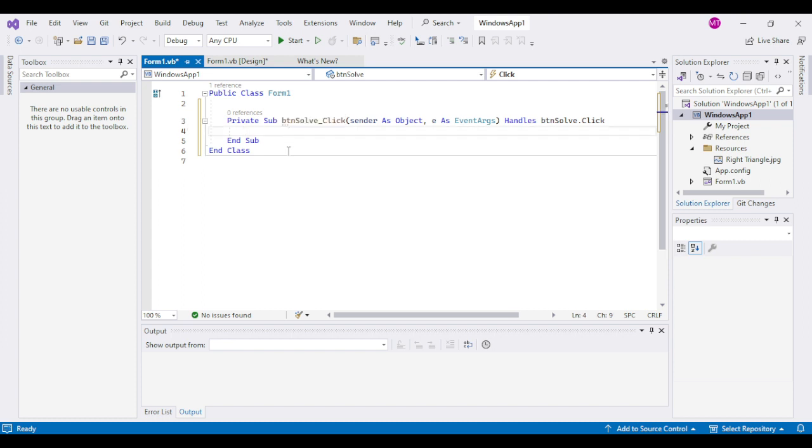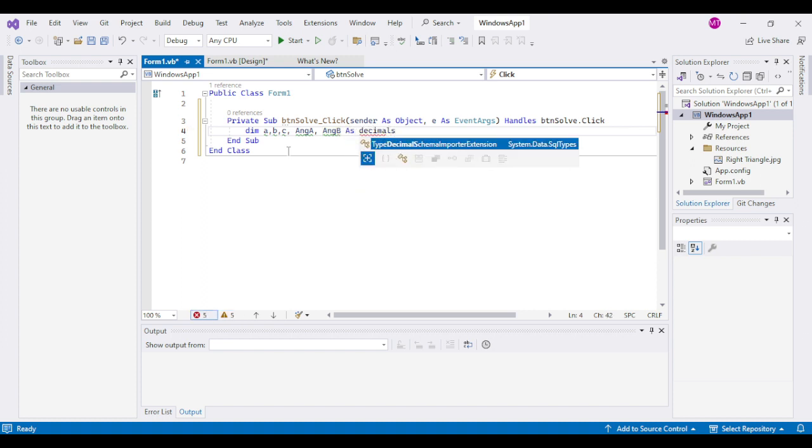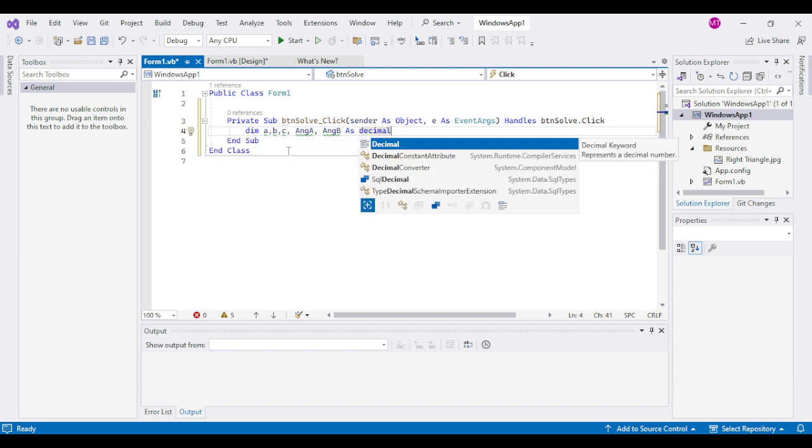Okay, so in here, we have to create our code. So we have to declare our variables first. So dim, we need A, we need B, and we need C. Of course, we need the two angles, which I'll just call ang A and ang B. So it means angle A and angle B. So I'll declare this as decimal.